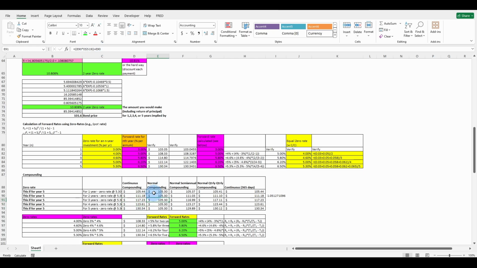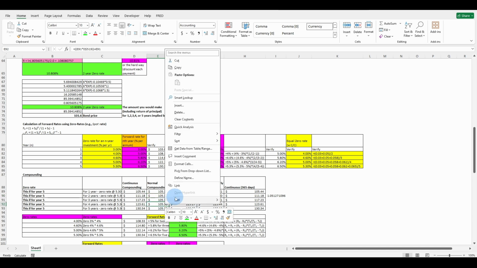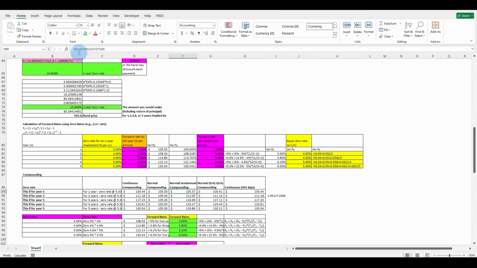And here, we're going to go with normal compounding. We're going to go 100 times C85. Notice we have to go back up to C85 for normal compounding. So we're going to go back up to 5.3%. We're just going to use normal compounding. 100 times C85, 5.30. No magic there. Semi-annual compounding, all we're going to do is the same stuff over and over again. We're going to take 5.3 and divide it by 2 times 100.